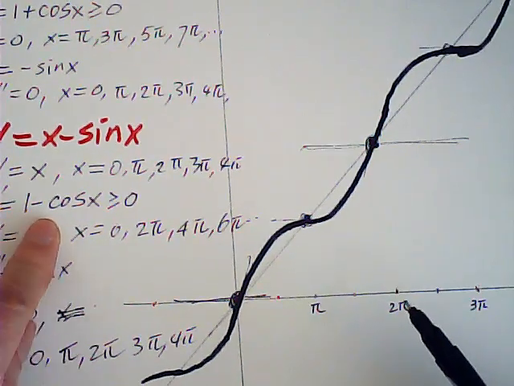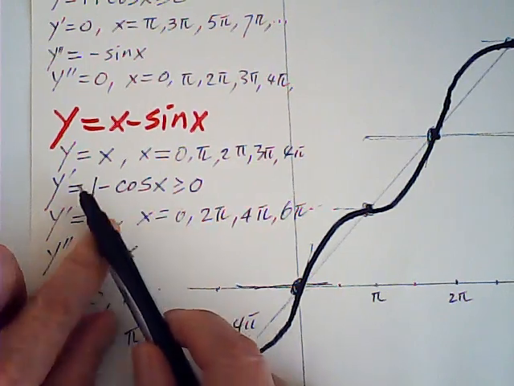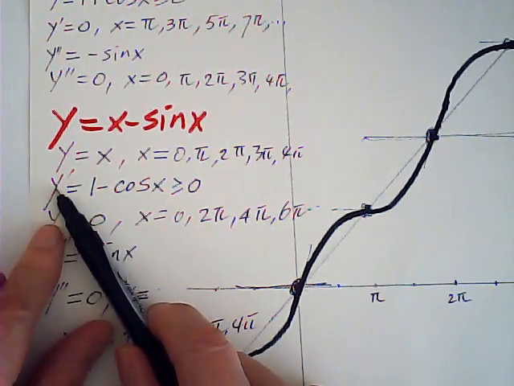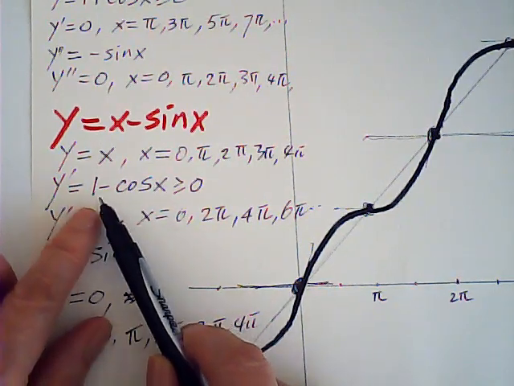Now, when cosine x is negative 1, then the derivative of y with respect to x will be equal to 2.